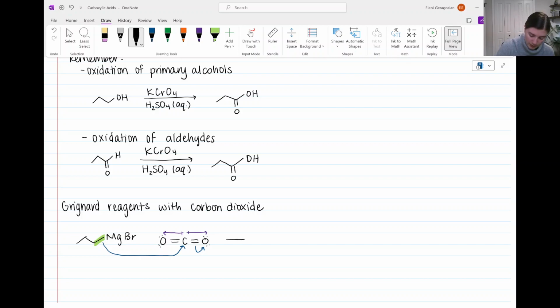So then this produces a product where that carbon bonded to magnesium is now bonded to the carbon dioxide carbon. That carbon dioxide carbon has one double bond remaining to an oxygen, and then now a single bond to that oxygen that gained electrons in the pi bond.